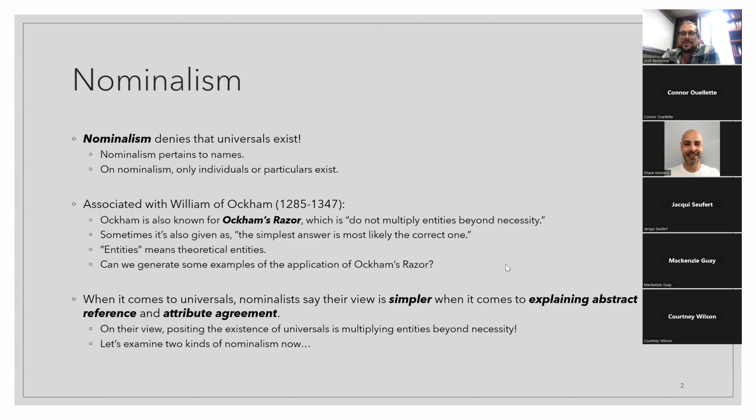But I don't need to posit some universal that exists over and above all of those particulars to explain greenness. I would be violating Occam's razor if I did that. So it's simpler just to say that only individuals exist. We don't need universals to explain either abstract reference or attribute agreement.